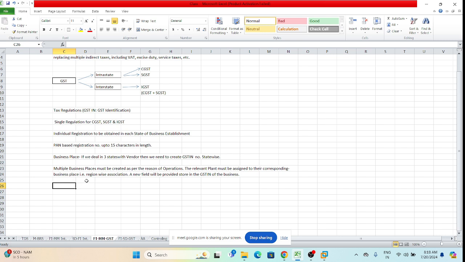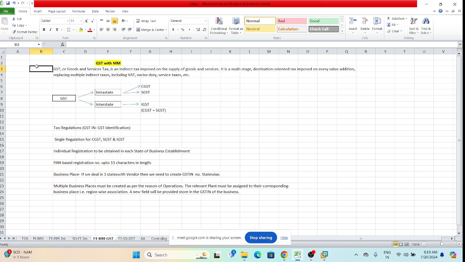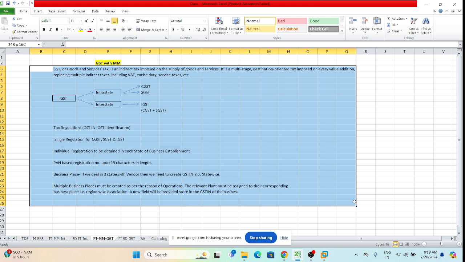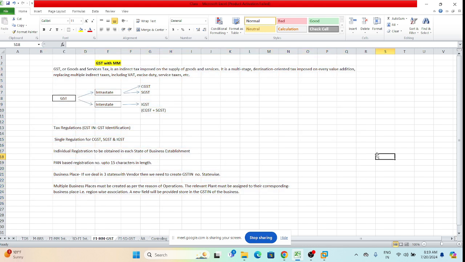So multiple business places must be created as per the region of operation. The relevant plant must be assigned to its corresponding business place; that is region-wise association. A new field will be provided to store the GSTIN of the business. So this is the basic concept of GST.